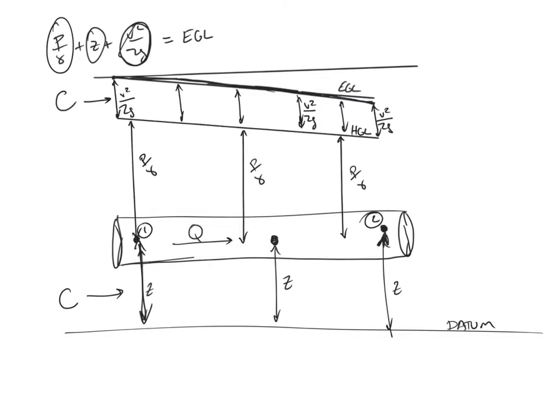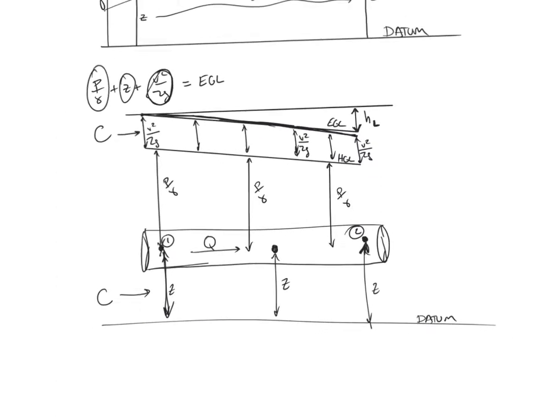This one is constant. But the pressure, we're slowly losing pressure as we move down this pipe, and we're losing energy as a whole. So what do we call this right here? You may or may not have guessed, this is the head loss, so we're going to put a little HL on it.